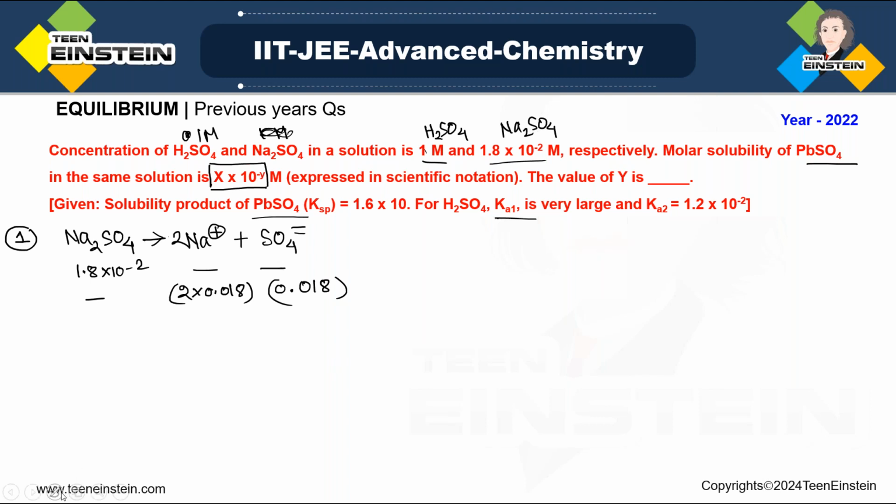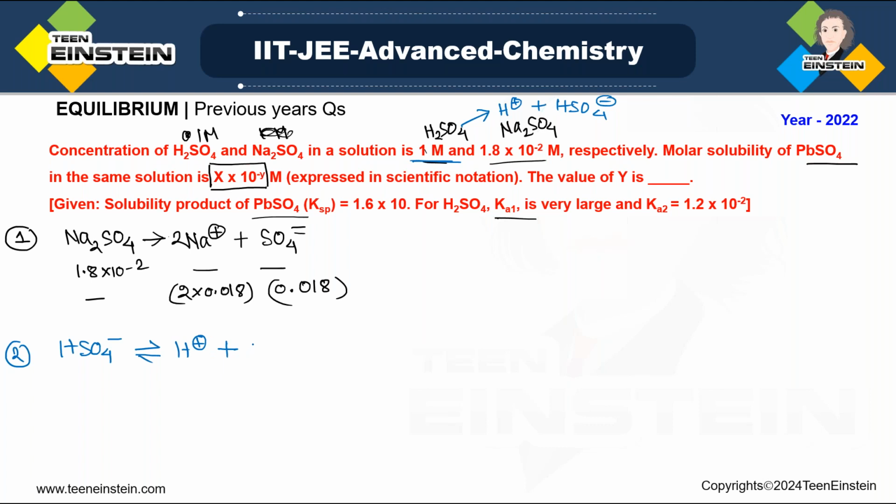Now in the second part, we know that H2SO4 first dissociation is fully complete. That means if the concentration of H2SO4 is 1 molar, when it dissociates to H plus and HSO4 minus, the concentration of HSO4 minus is also 1 molar because of this complete dissociation. So what we will do, we will take HSO4 minus and write the dissociation.